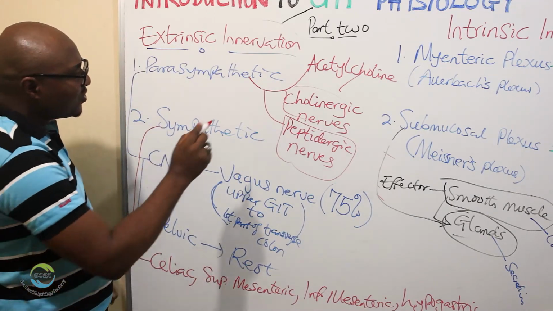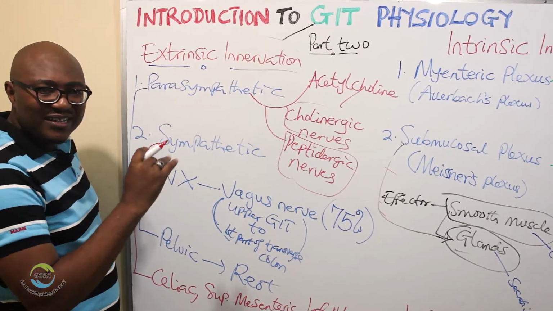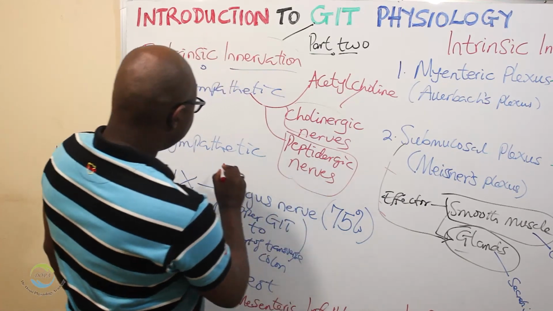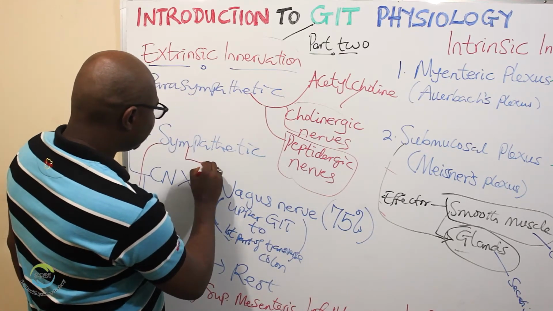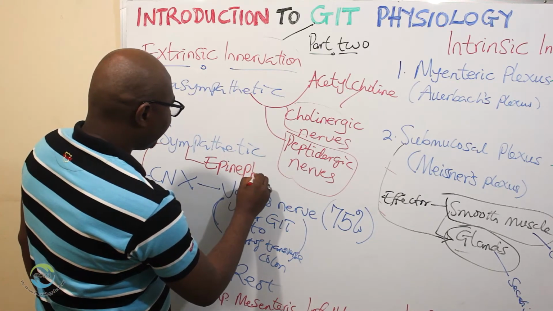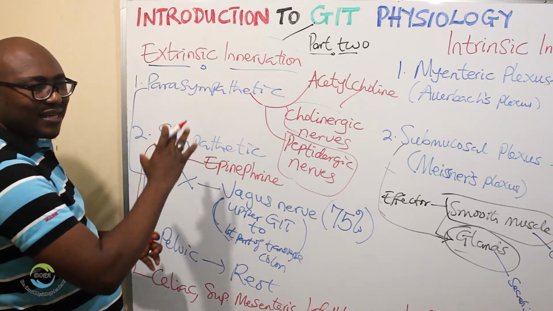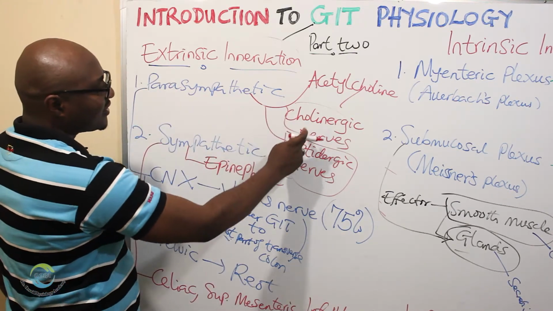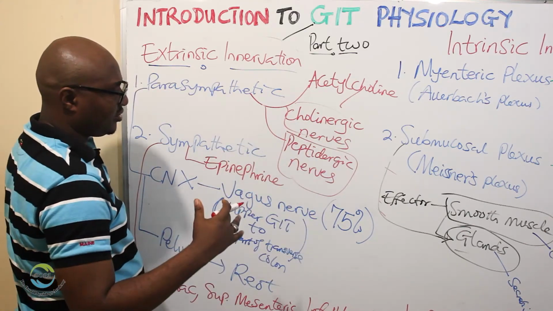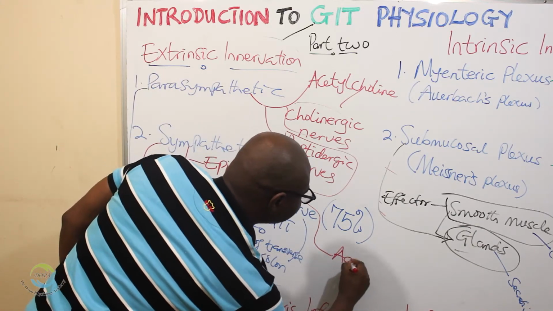Okay? So the neurotransmitter is usually adrenaline, or epinephrine. But because of its older name, adrenaline, they call the nerves adrenergic nerves.